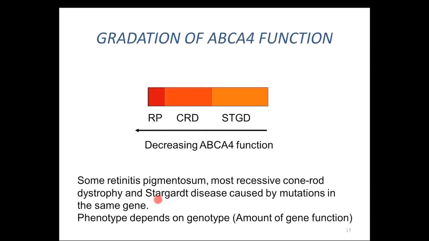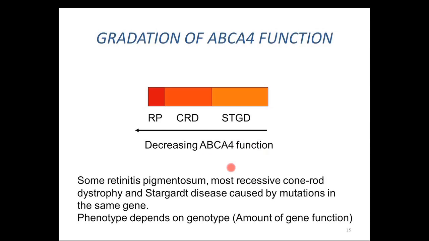So now we had a situation, very exciting, where there were 3 different eye diseases that an ophthalmologist would characterize as distinct disorders based on their clinical appearance, all caused by mutations in the same gene.